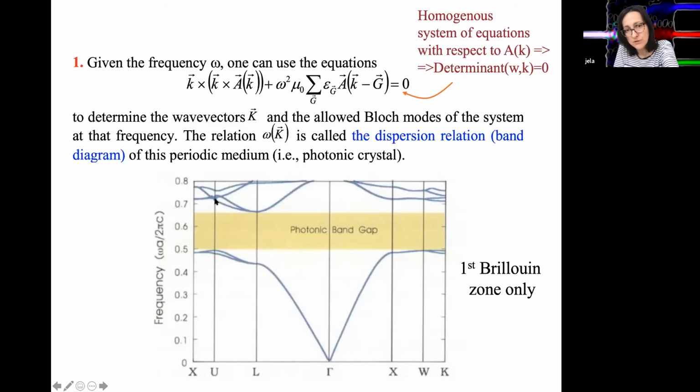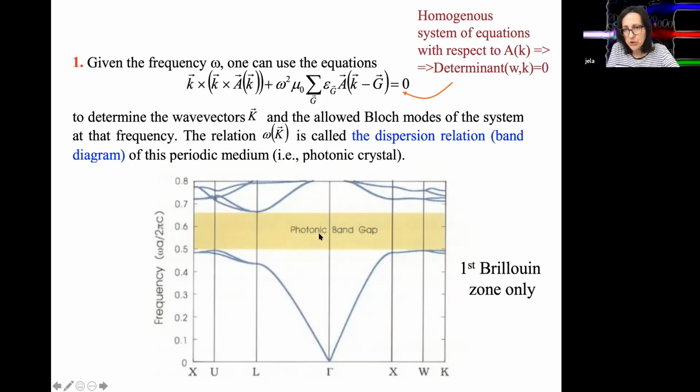So when we plot this so-called band diagram here, what do we do? We just plot the combinations of omega and k's for which non-trivial solution exists. And each point here would correspond to a certain Bloch state, right? That's what we plot. Each point here corresponds to certain Bloch mode for combination of omega and k for which we're calculating band diagram for which non-trivial solution exists.